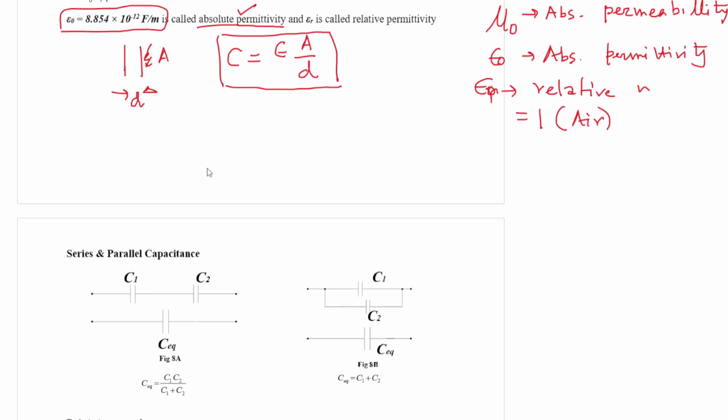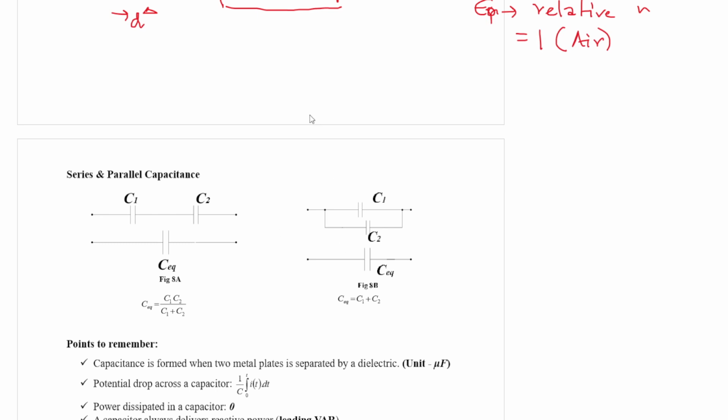We have a series and parallel capacitance combination, just as we have seen in the case of resistance and inductance. So if two capacitors C1 and C2 are connected in series, then the equivalent capacitance is given by this formula, C1 C2 divided by C1 plus C2.